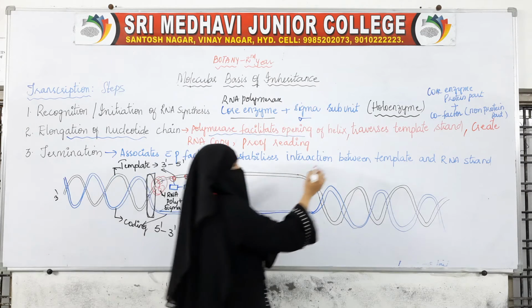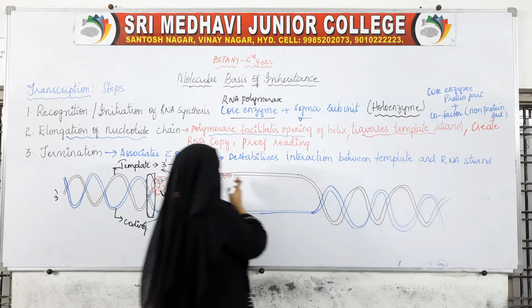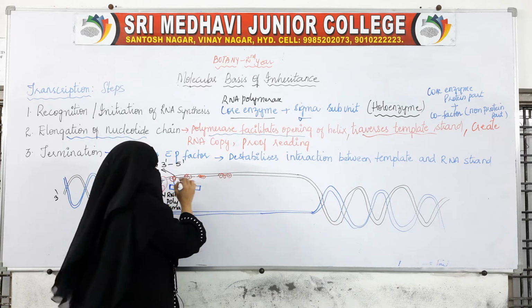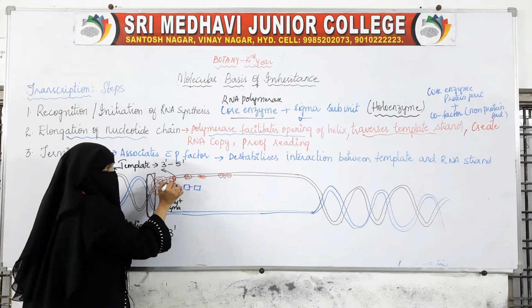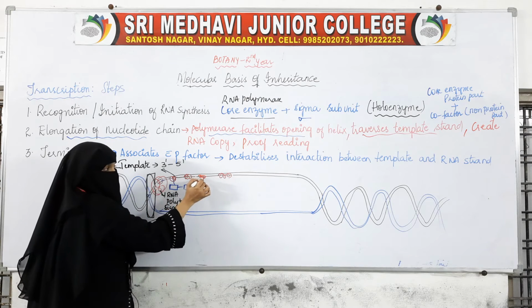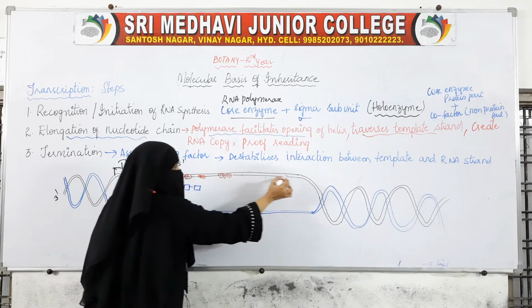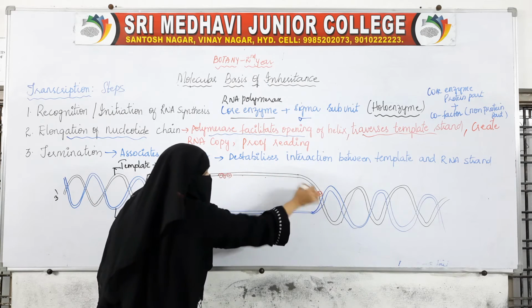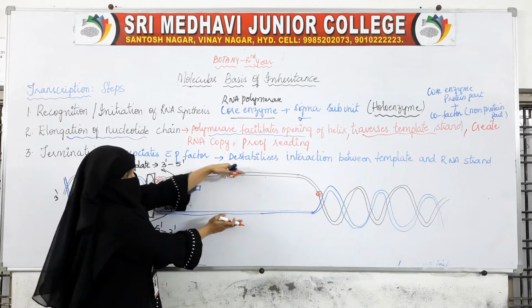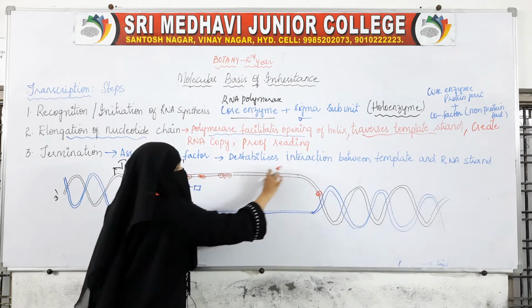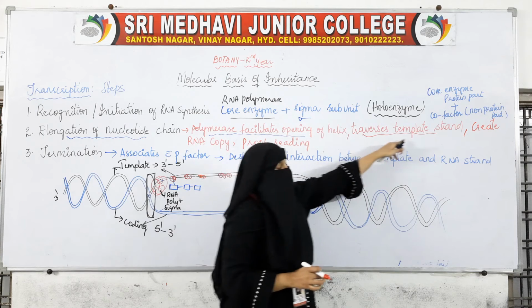So it traverses the template strand. Traverses means travels on the template strand. The RNA polymerase was first here, now it will move to this. It is traveling from here to here to here to here, till here. So RNA polymerase facilitates opening of the strands by traversing on the template strand.